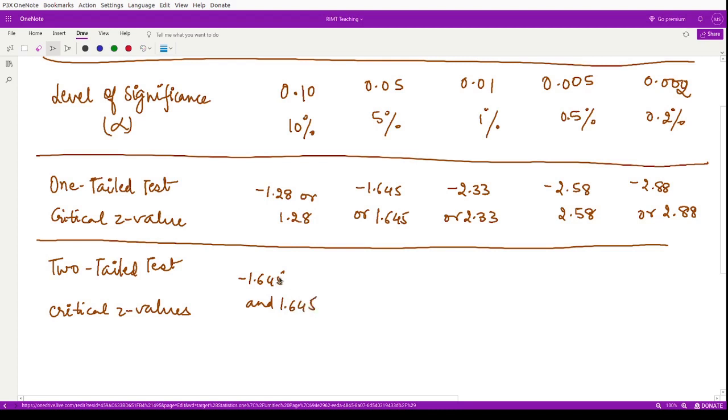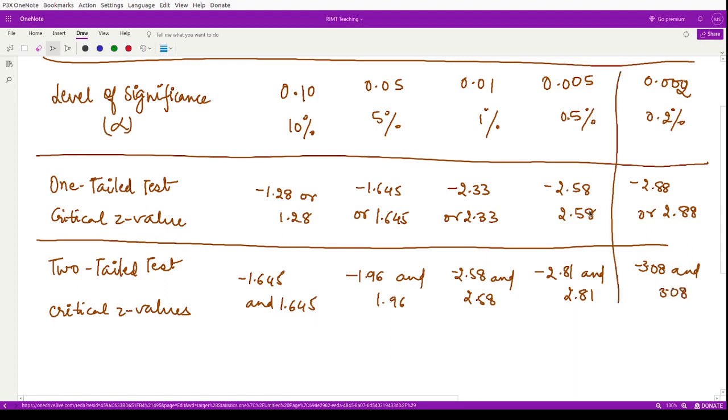So in this case, we are taking both sides of the distribution, right? So minus 1.96 and 1.96. So then we have minus 2.58 and 2.58, and then we have minus 2.81 and 2.81, and then finally you have minus 3.08 and 3.08, right? So these are your critical values.